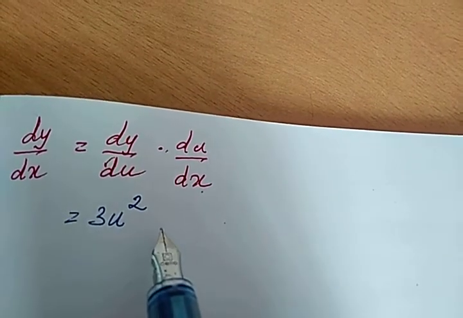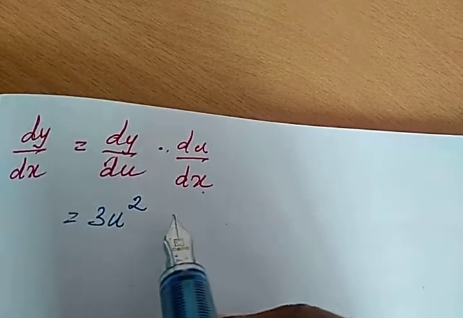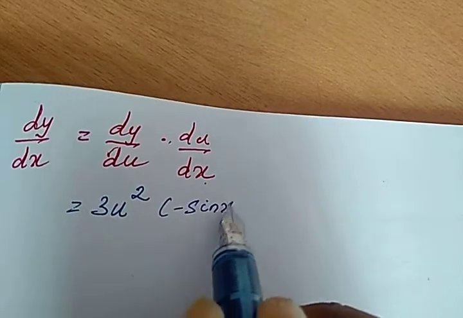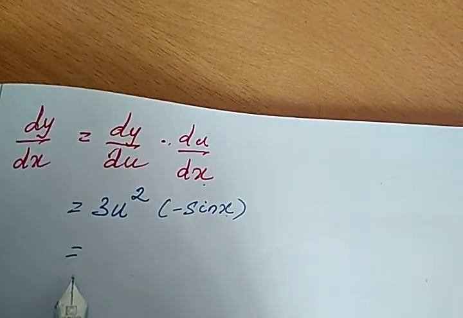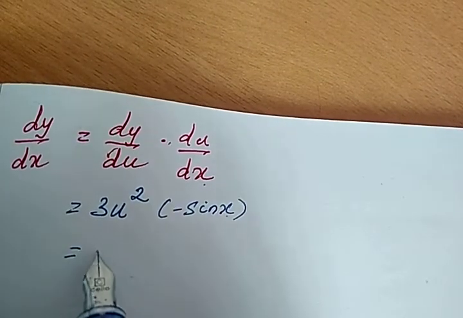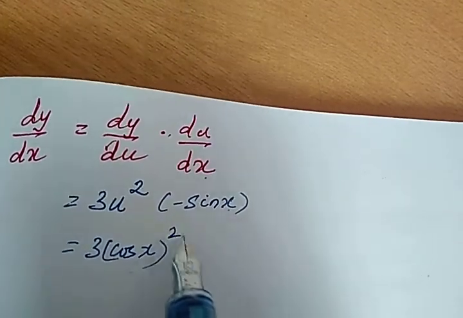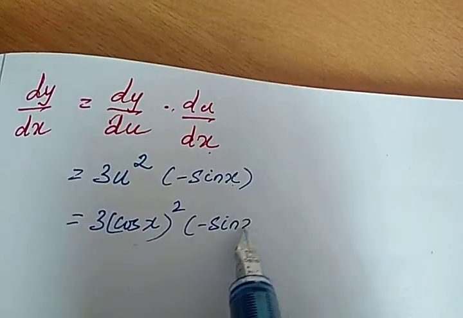Now u is cos x. Cos x, if you differentiate, you will get minus sin x. So instead of u, it is cos x: 3 cos x the whole square into minus sin x.